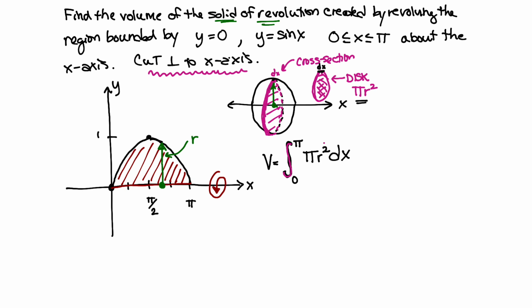It always starts at your axis of rotation and goes to the outer curve that's defining your rotation. So this is my radius, this distance right here. And so the radius is defined by that curve, which is sine of x.